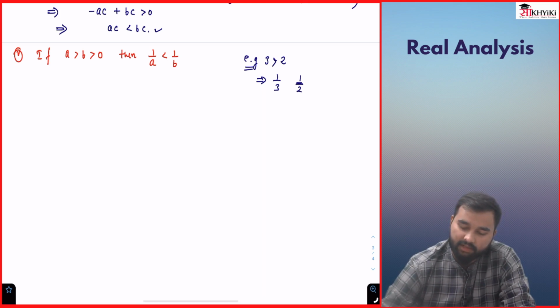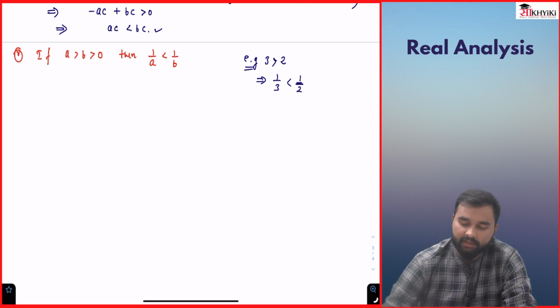Which one is greater? 1 by 3 is around 0.3, and 1 by 2 is around 0.5. So the inequality reverses.